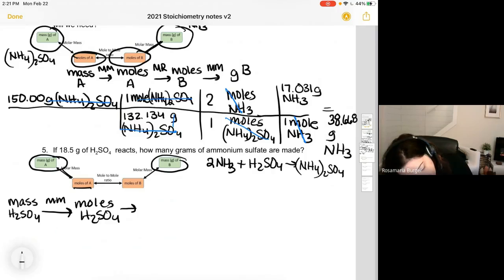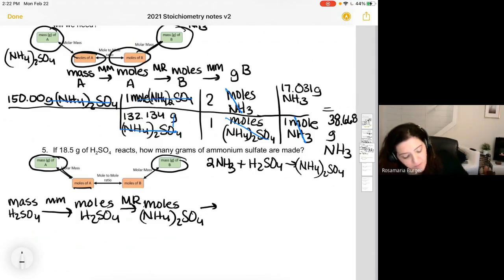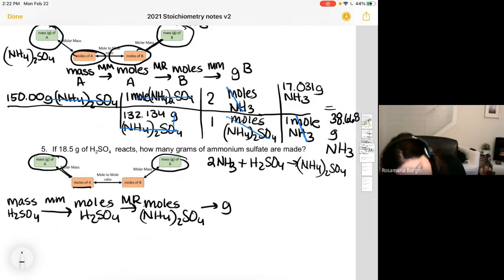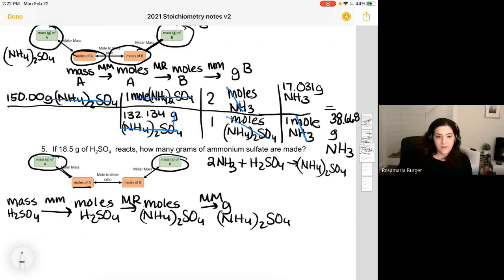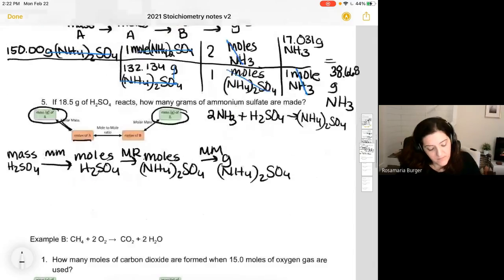And then use the mole ratio to get me from moles of H2SO4 to moles of ammonium sulfate, NH4 to SO4. And then once we know the number of moles of that, we can get grams of NH4 to SO4 by using our molar mass again, just the other molar mass. So let's start with what we're given.